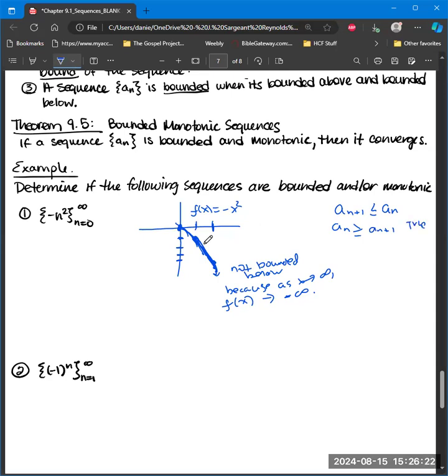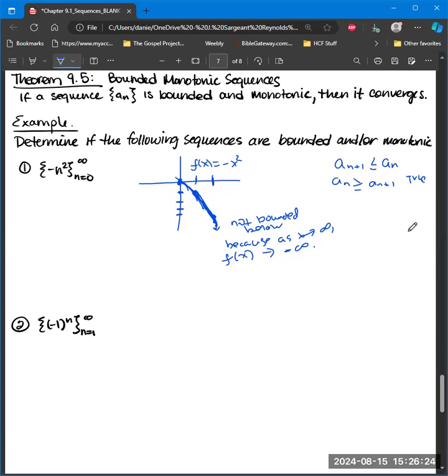If I wanted to prove that, I would have to actually come here and set up my inequality and ask if negative n squared is always greater than or equal to negative n plus 1 squared.